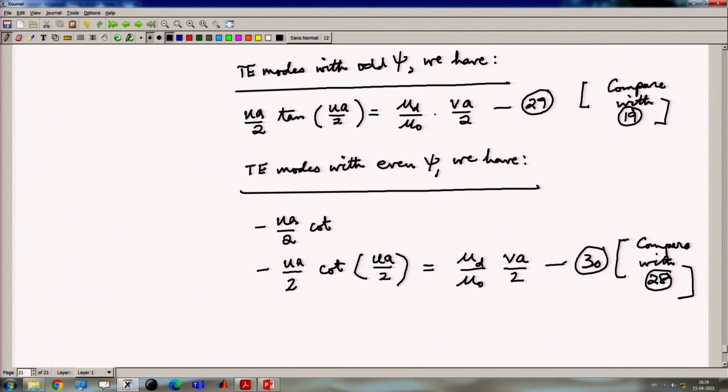So, the fields are obtained from the Psi's by equations which are dual to equation 4.